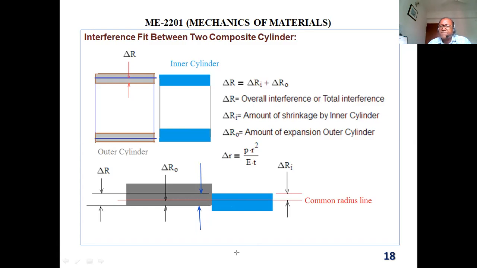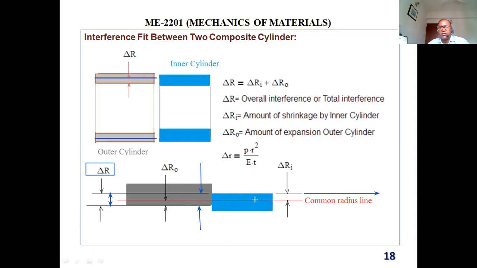So after assembly, both have a common radius, shown with the red line. So the initial interference was this mass, delta R. And after you pressurize, or after assembly, this becomes the common radius.